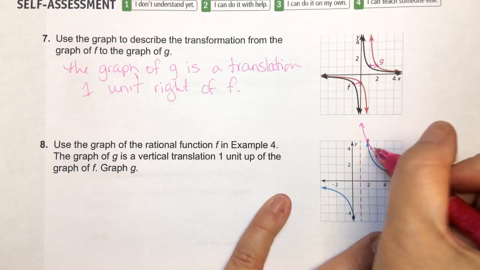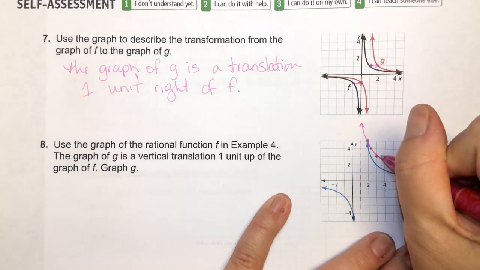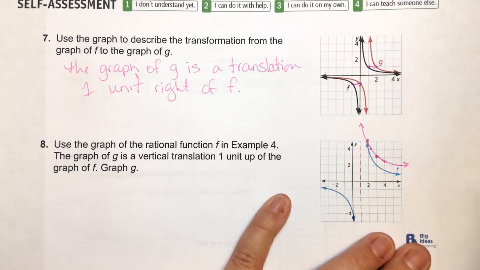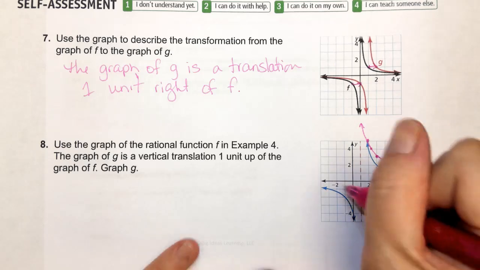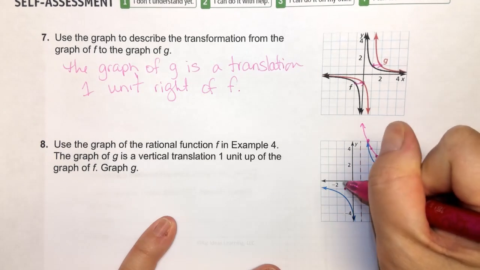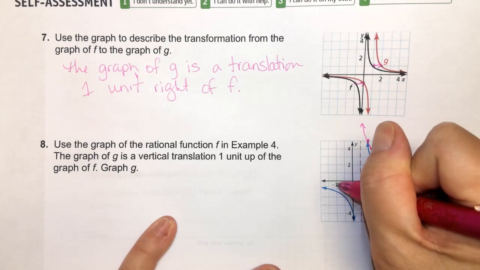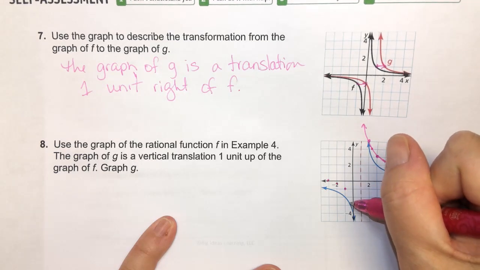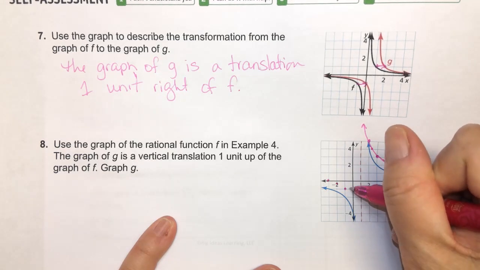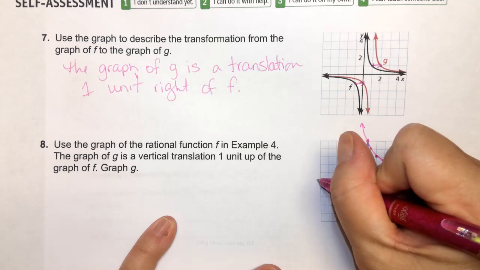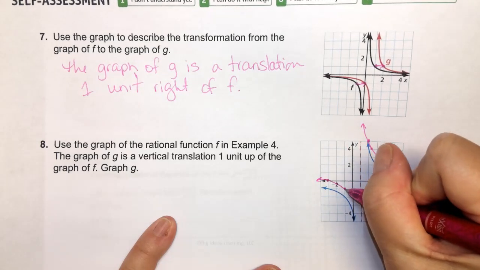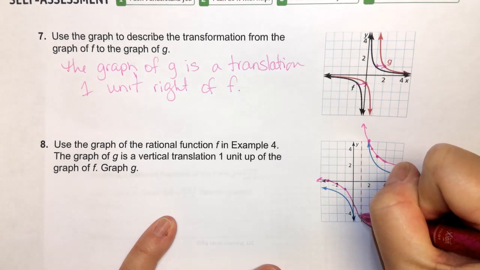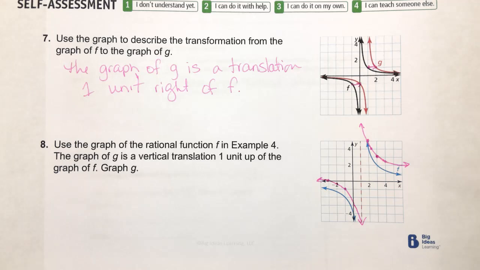So that would make your graph kind of go like that. All right, and then the same down here. So if we move this one up 1, that one up 1, eventually they would cross, go that way, something like that. All right, that was fun.